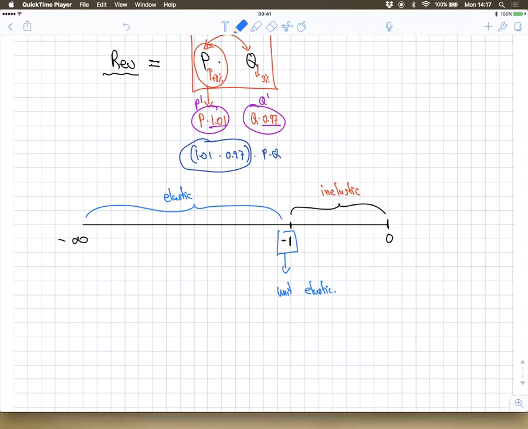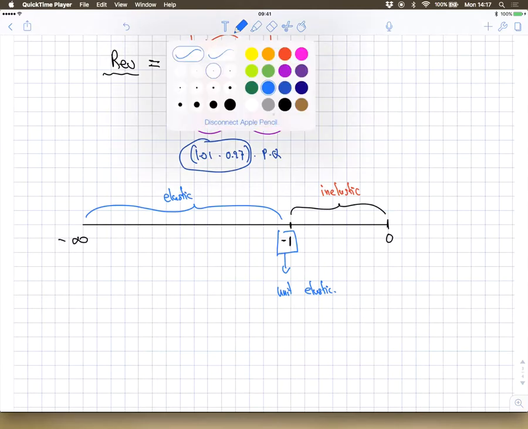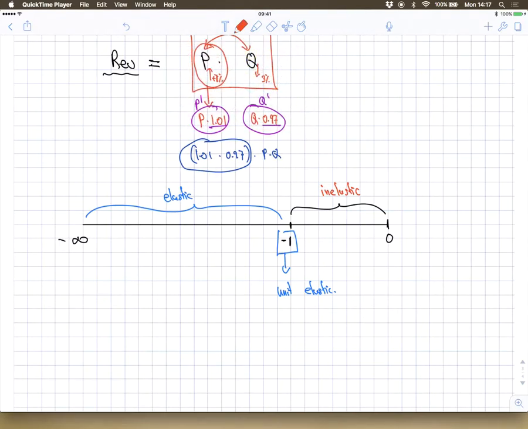Okay? So let's say that you have 0 cost. You're a monopolist and you have 0 cost. And let's say that you are in this part of the demand for whatever reason. Let's say that you're setting a price such that elasticity is here. That's where elasticity is.